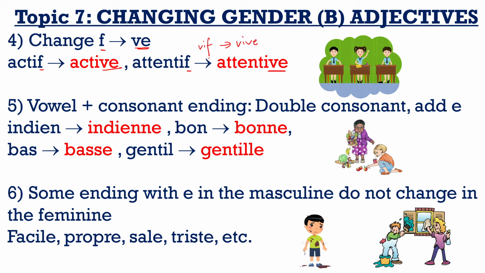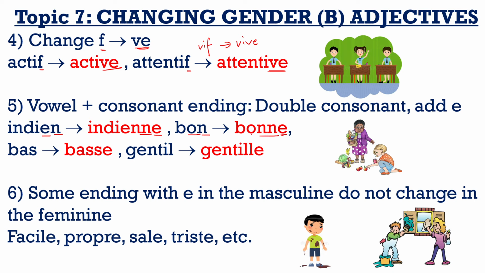Vif is lively. Then this is a peculiar one. If you have the adjective ending with a vowel and then consonant, you'll have to double the consonant and then add e. So for example, ancien is vowel and then consonant, so double the consonant and add e. It will become ancienne. Bon, vowel, consonant, double the consonant and add e.